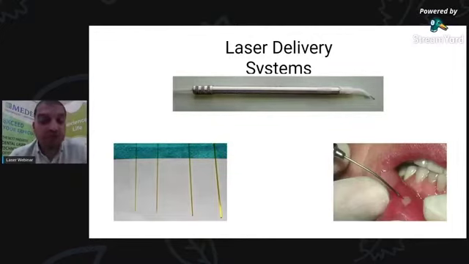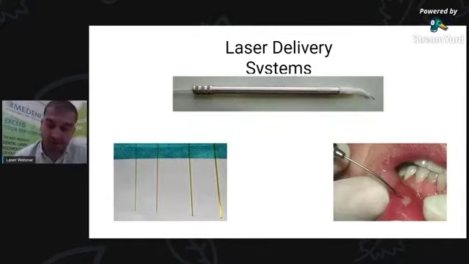If we have a laser operating at 1 watt and we are using a small tip, the power that comes from this tip goes a longer distance than if we have a large tip. I will discuss it in a later slide, but what I need you to know is that we have three tips. Every tip has its use, and every tip has its advantages and disadvantages.